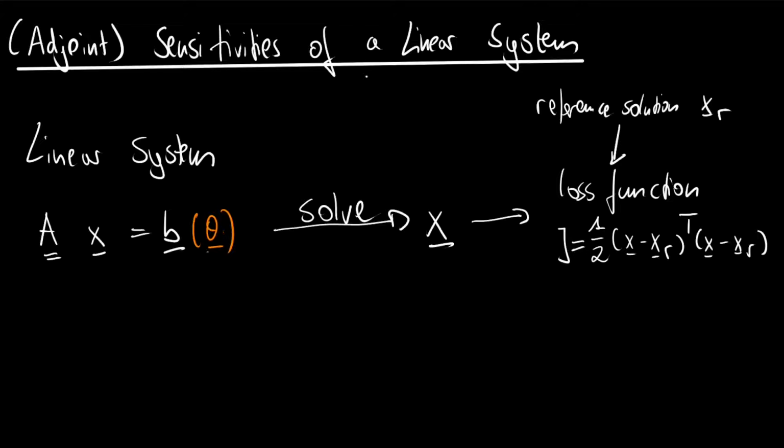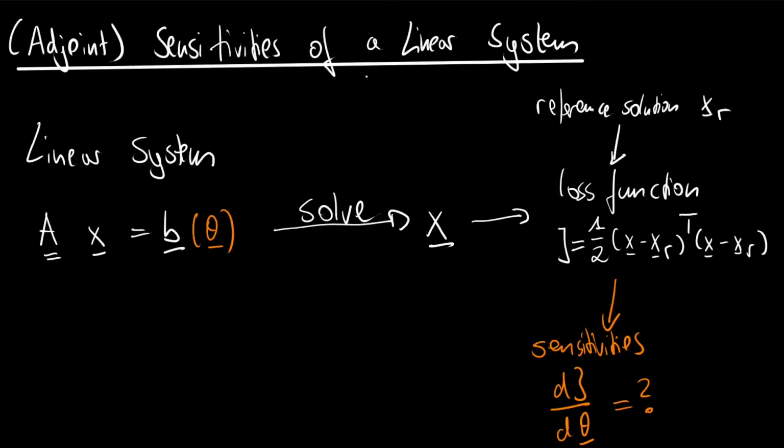For instance, these define what kind of loads we have on the system, so the forces that will displace our structure. And then we might be interested in getting the sensitivities. So the sensitivities are the derivatives of the loss function with respect to the parameter vector, or more precisely the total derivative here. And that's what we're interested in.